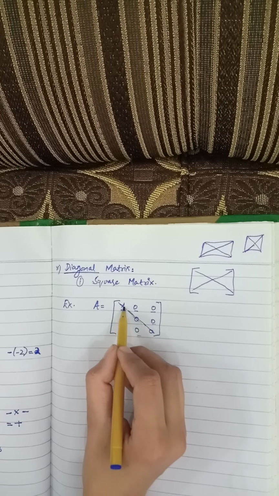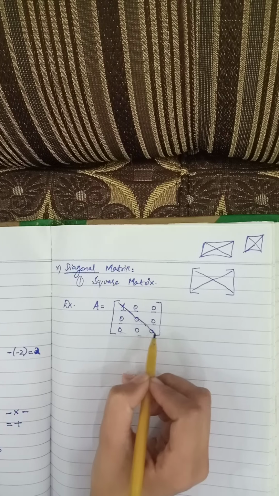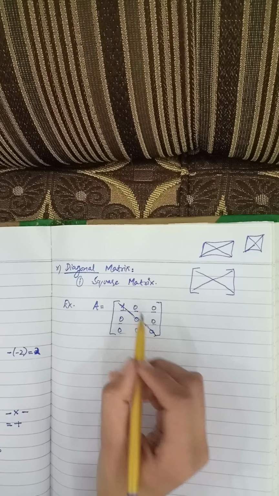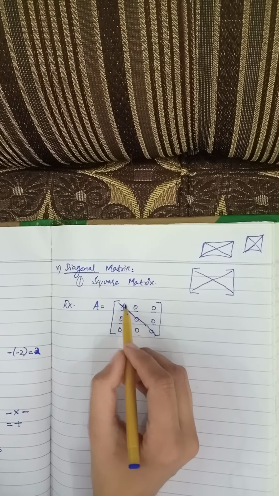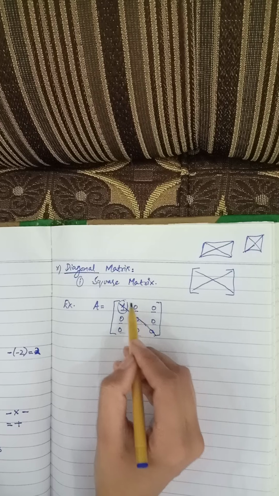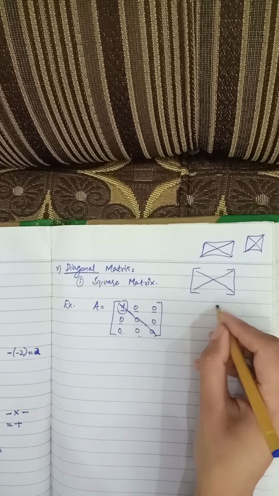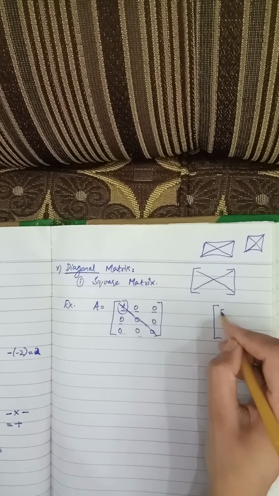And what about the diagonal? In the diagonal, there must be one entry which is non-zero.